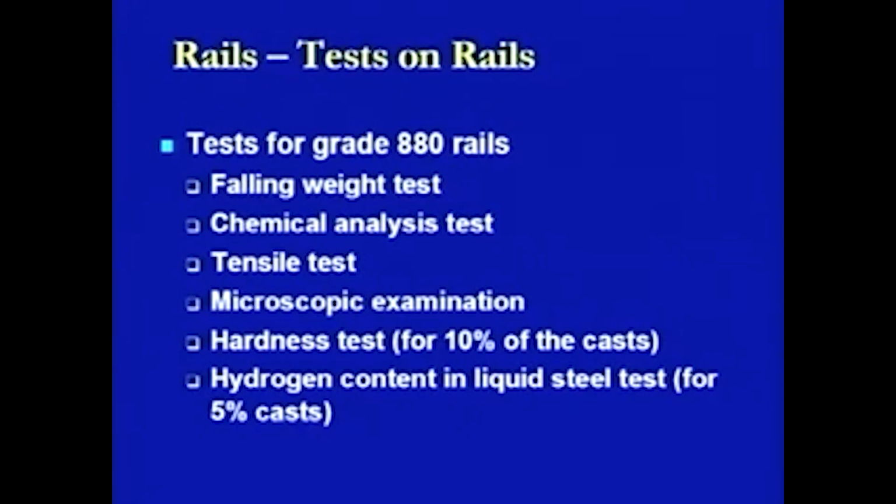The hardness test is to be done in the case of 10% of the cast rail sections, and similarly there is another test, termed the hydrogen content in liquid steel test, which is also conducted for limited cases, 5% of the cast. So, these are related to 880 rail grade section.